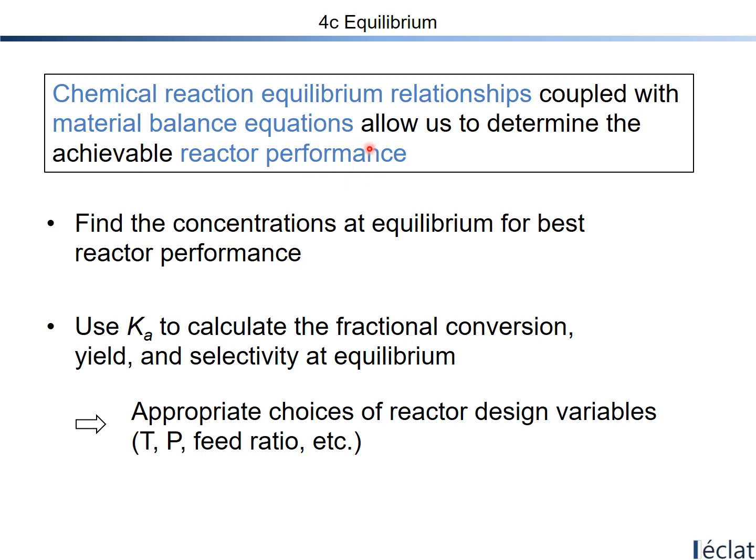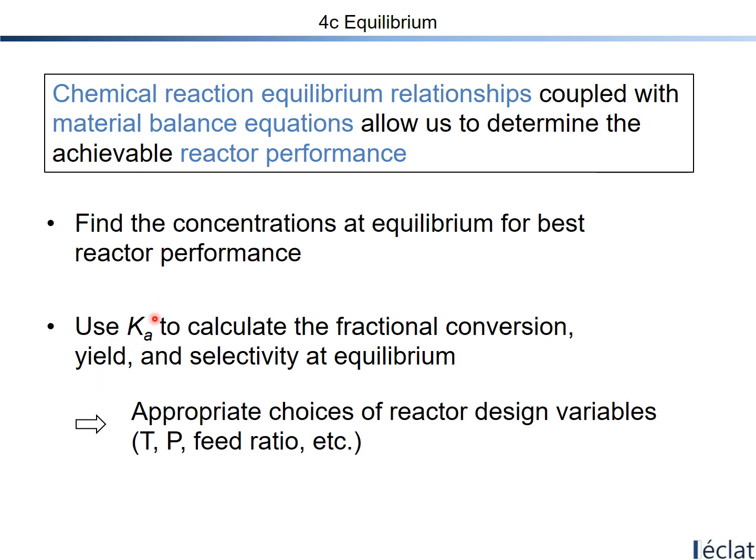we'll use the equilibrium condition for the process, or we will assume the equilibrium condition for the final concentration or flow rate. Then find the concentrations at equilibrium for best reactor performances.